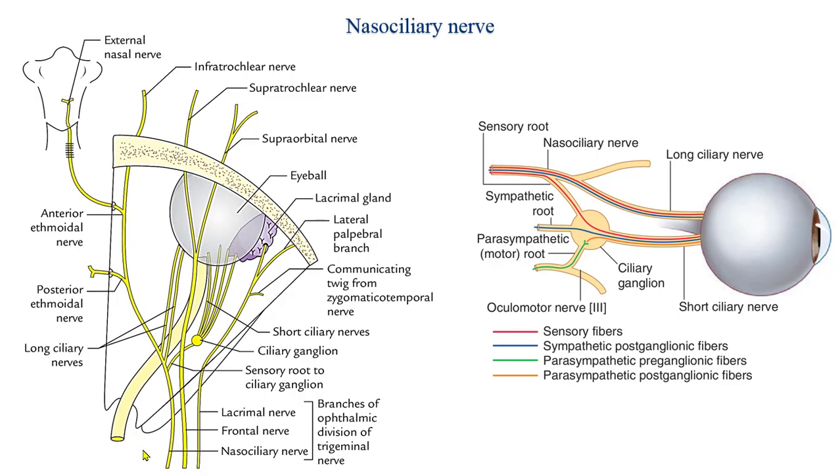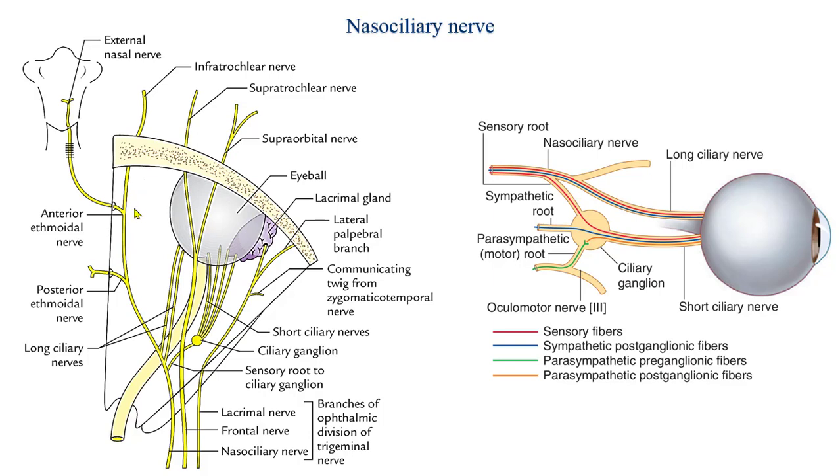Branches of the nasociliary nerve also enter the anterior and posterior ethmoidal foramina. Just before entering the anterior ethmoidal foramen, the infratrochlear nerve arises from the nasociliary nerve and passes to the medial angle of the eye, supplying the skin of the eyelids and the side of the nose.